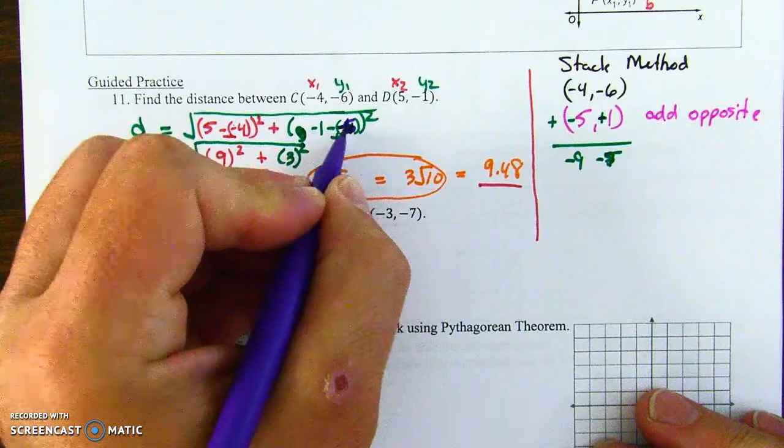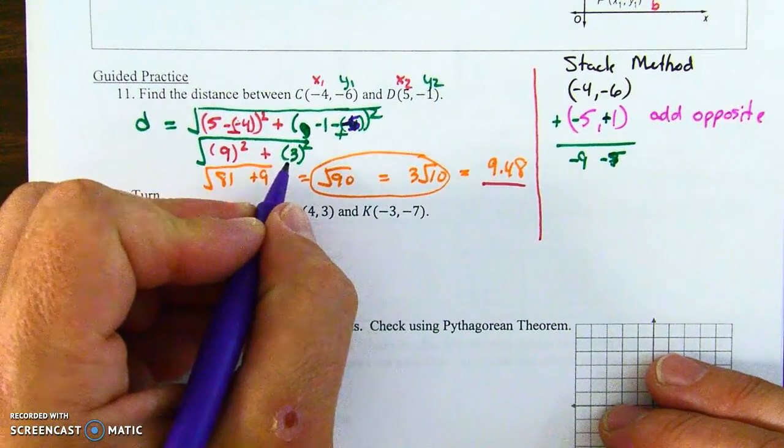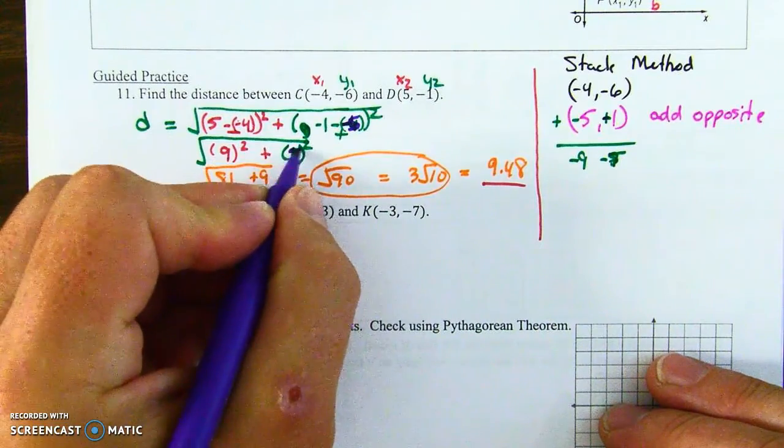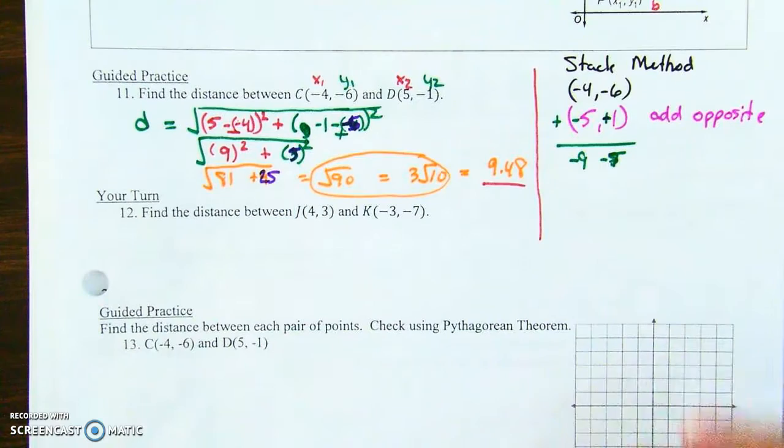See, now I'm really screwed up here. So -6 here. So this is going to change this to a +5. This is going to change this to a 25.